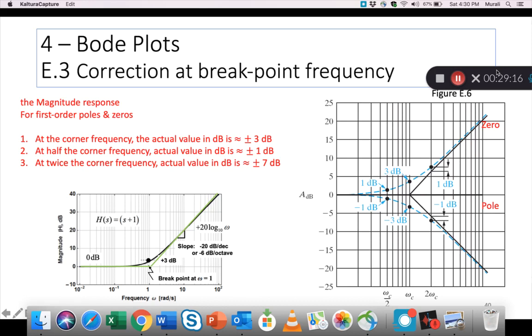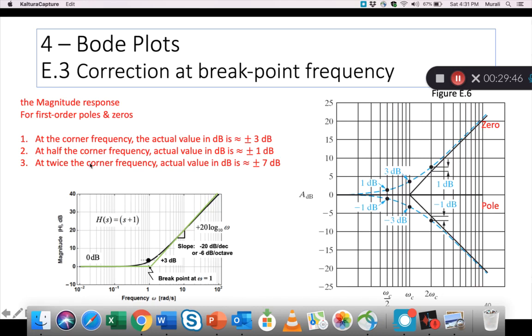Most textbooks just leave you at the 3 dB and say, make a correction at the 3 dB and then sketch the rest with a pencil and you'll be okay. But here in our textbook, he gives us a couple more points. He says at half the corner frequency, so if the corner frequency is omega c, then at omega c by 2, you get the actual correction as plus or minus 1 dB.